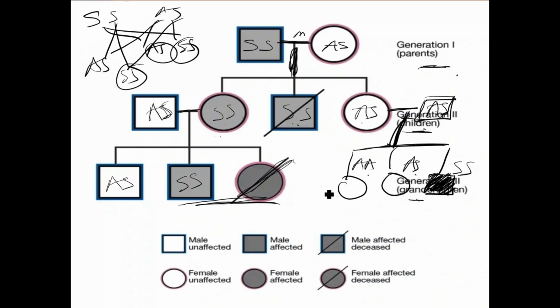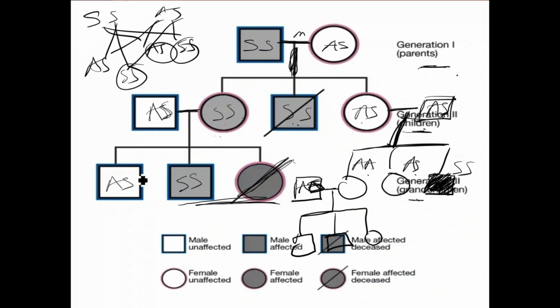But let's take this girl here married again a guy who is AA. Okay, let me not say AA, let me say AS, because the girl is already AA. Now when they give birth to children, let's say they give birth to 4 boys. Now when they give birth to children, none of the children is going to be affected.